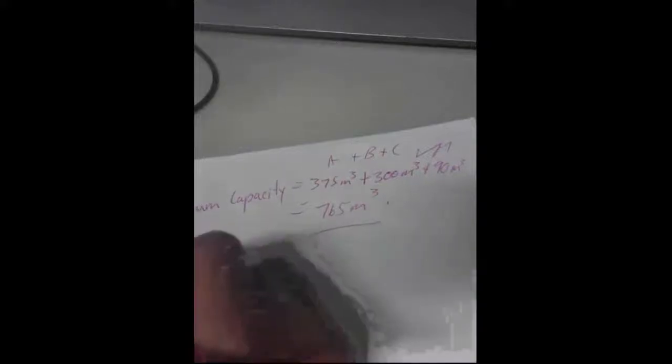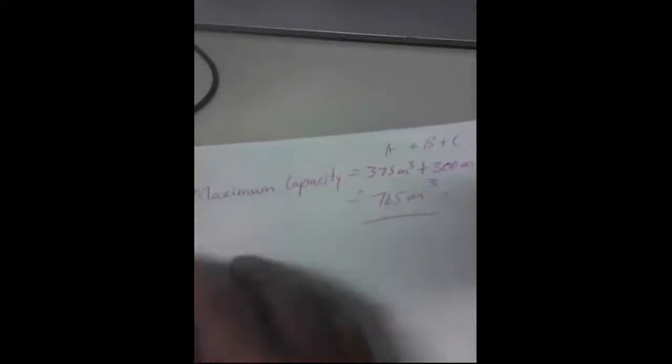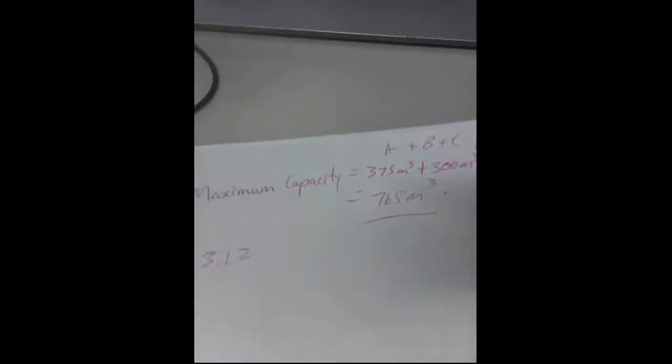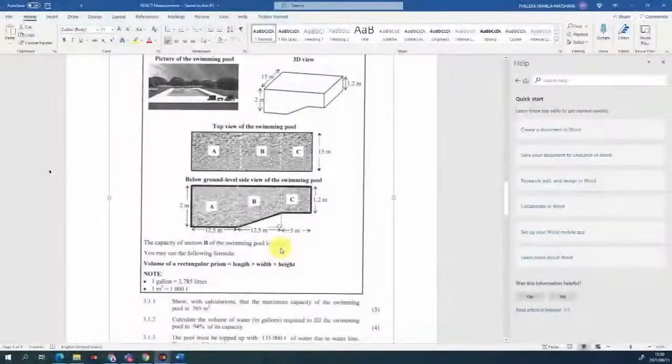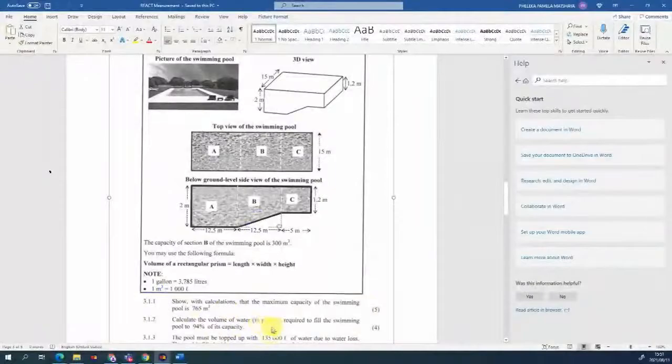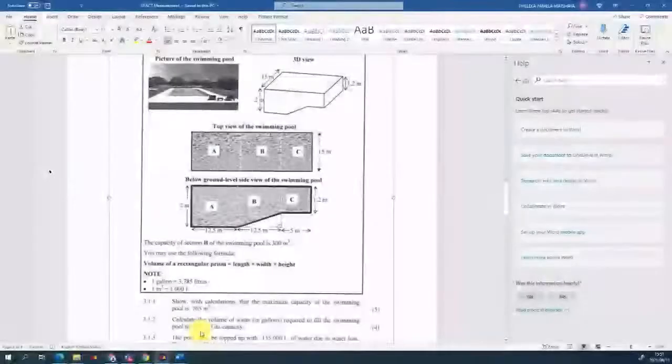Let me look at 3.1.2. They say calculate the volume of water in gallons required to fill the swimming pool to 94% of its capacity.